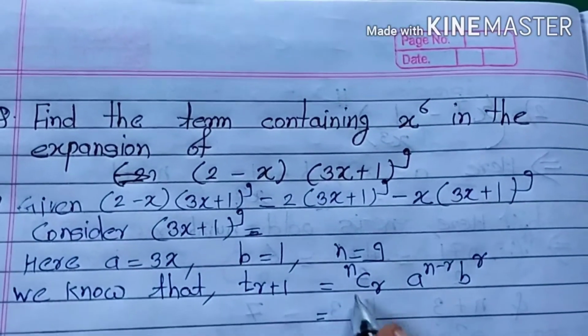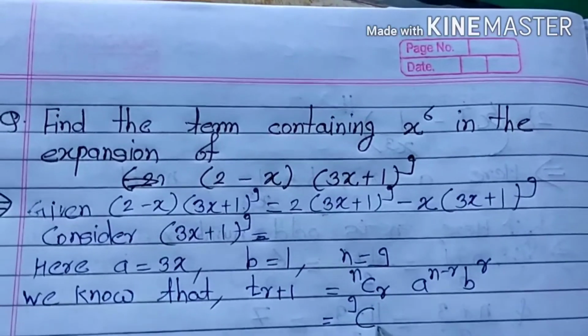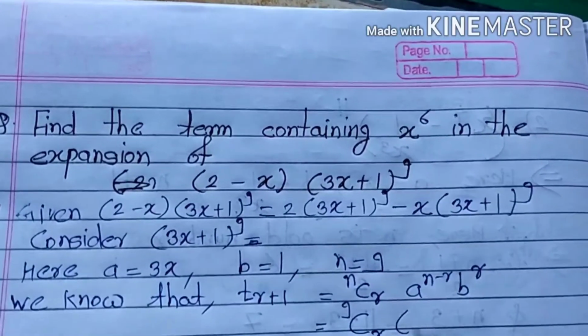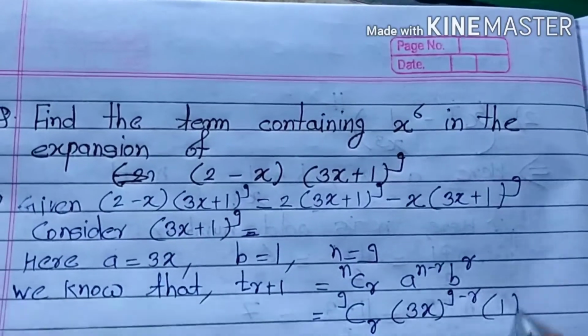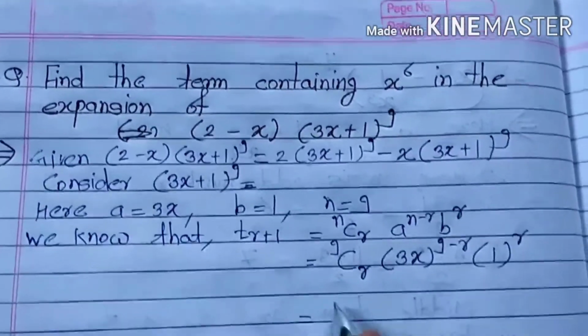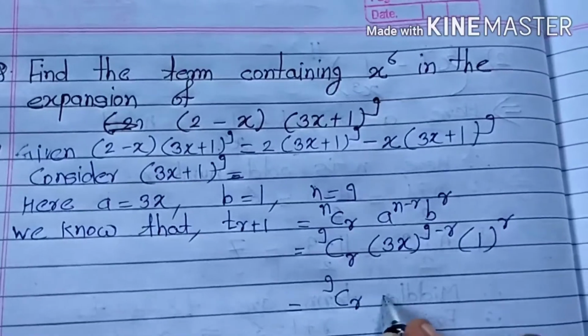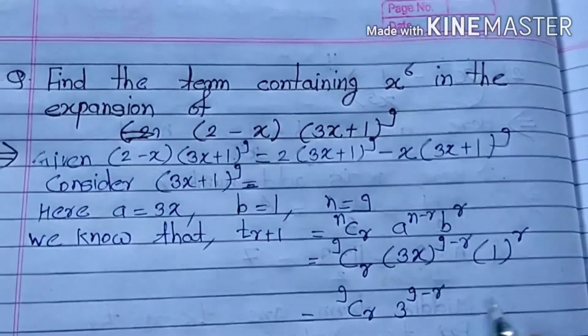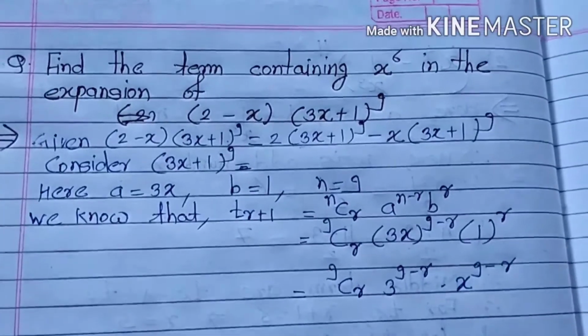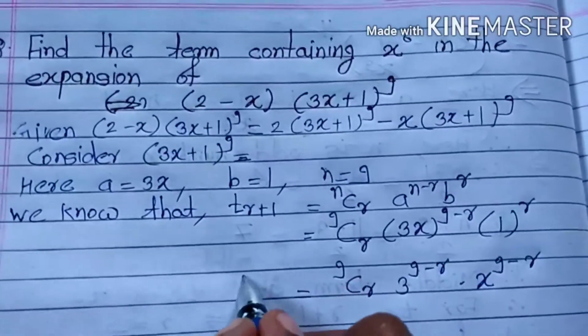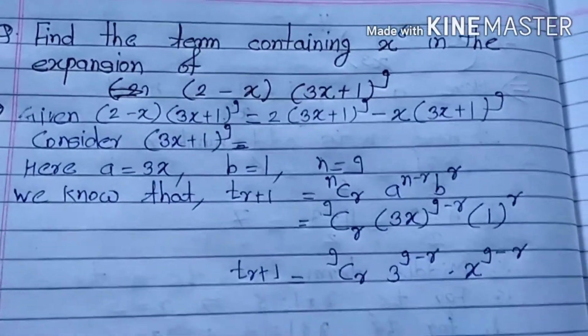So here n is 9, r is unknown, the value of a is 3x raised to 9 minus r, b is 1 raised to r. So it is 9Cr 3 raised to 9 minus r and x raised to 9 minus r. 1 raised to r is 1. So it is our T_{r+1}.